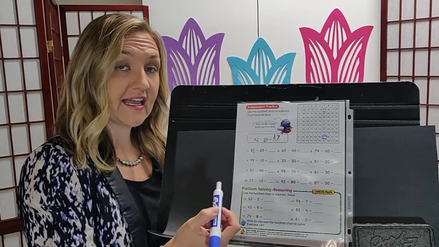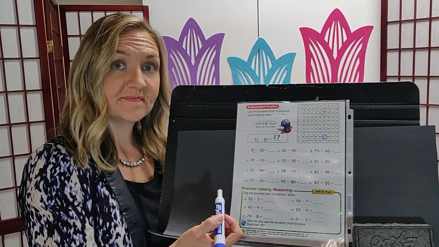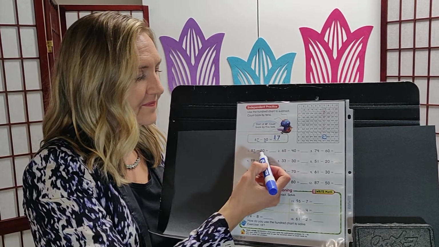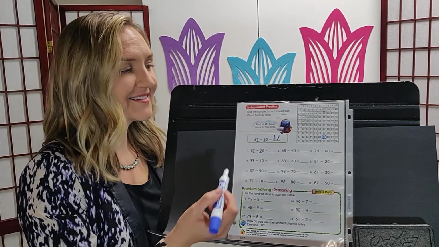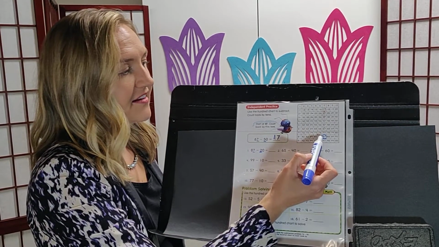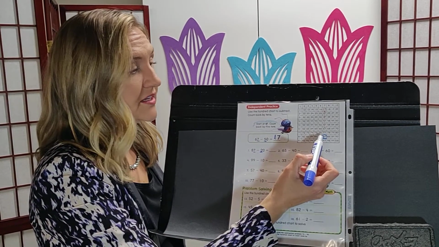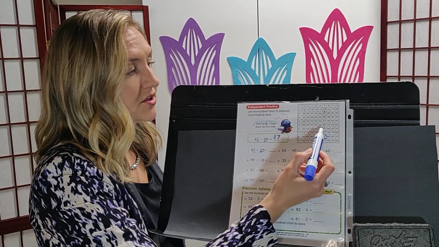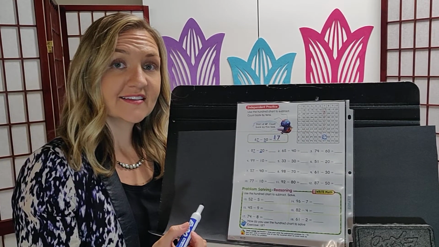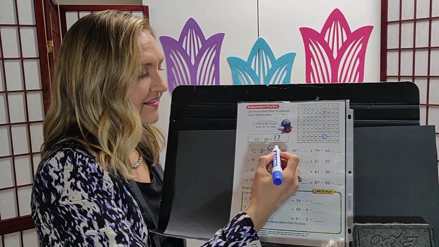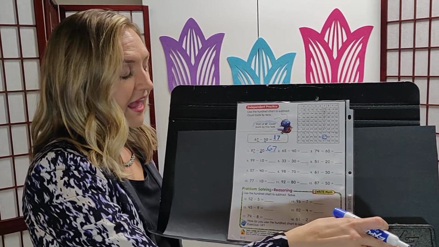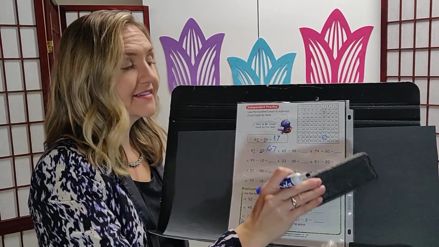How many groups of 10 is 20? 2 groups of 10. That means we're going to jump 2 times. Start at 87 towards lesser numbers 2 times. 1, 2. Where did you land? 67. 87 minus 20 equals 67.